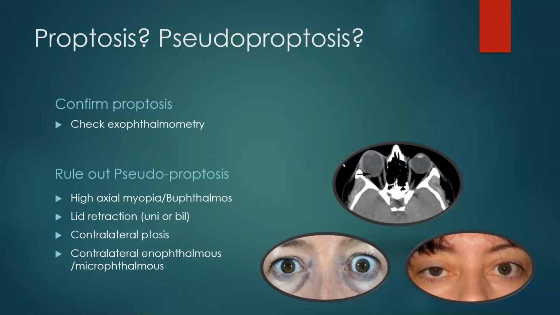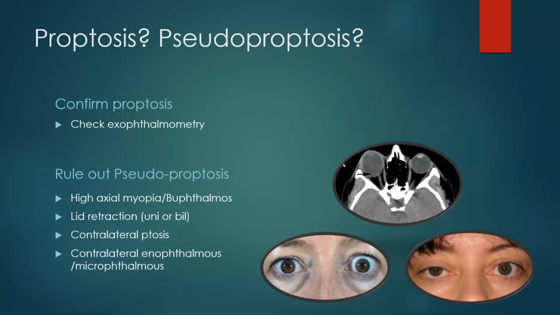So we have to confirm the proptosis using the exophthalmometry. Then we have to rule out pseudoproptosis. There are some causes of pseudoproptosis like high axial myopia or buphthalmos.